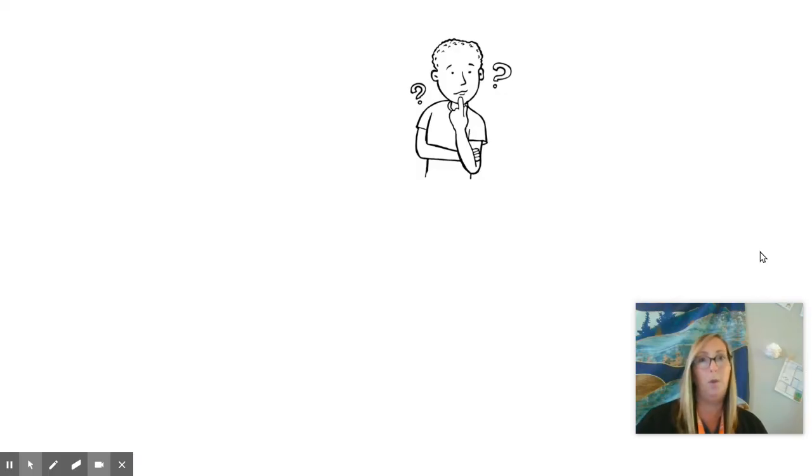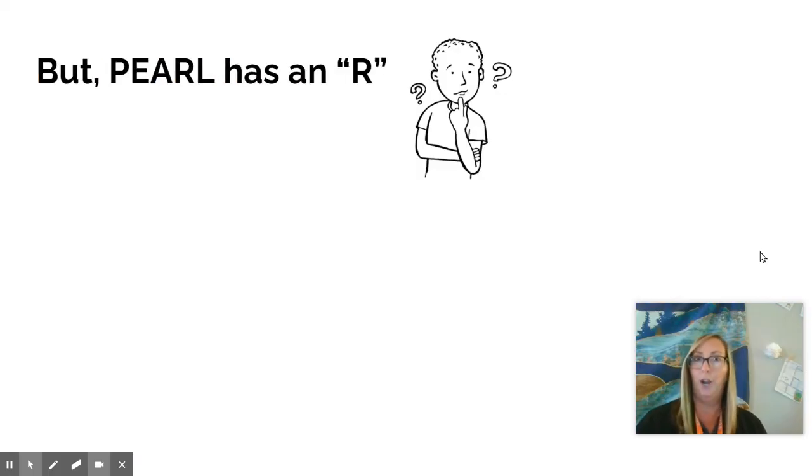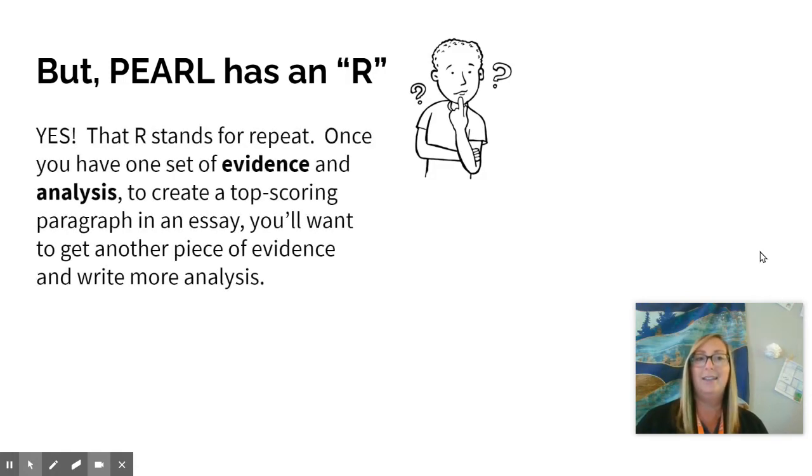Now, what you might be wondering, and hopefully you were, is that isn't there an R in PEARL? And that is correct. The R simply stands for repeat.